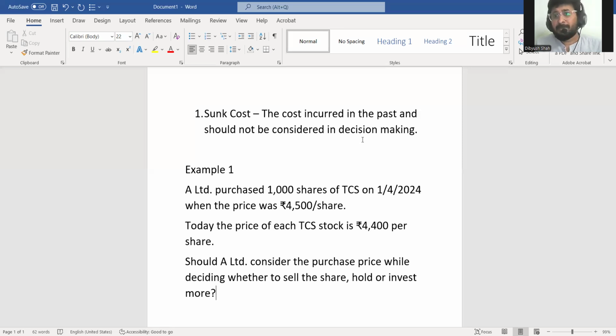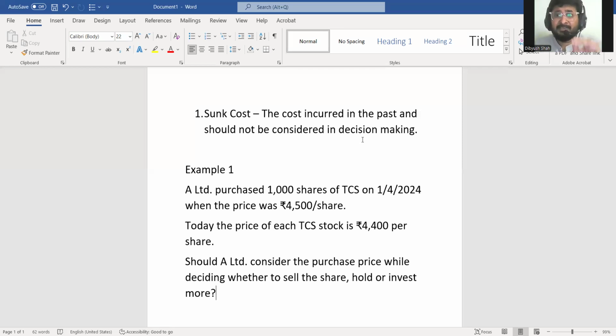If tomorrow the price falls to 3,500, then you will be incurring more loss. If the price further falls to 2,500 a share, then you will be incurring more loss. The decision whether or not you should stay invested in this stock should only be based on future factors, because no matter what decision you take today, the purchase cost has already been incurred and you cannot change that.